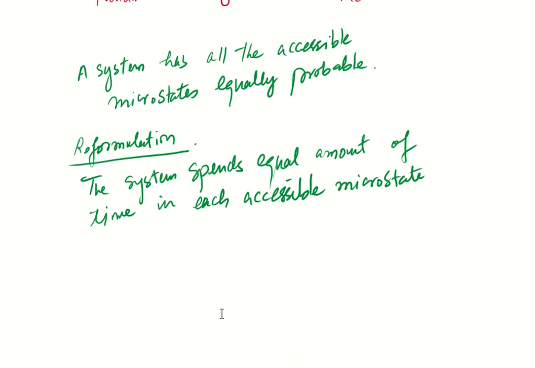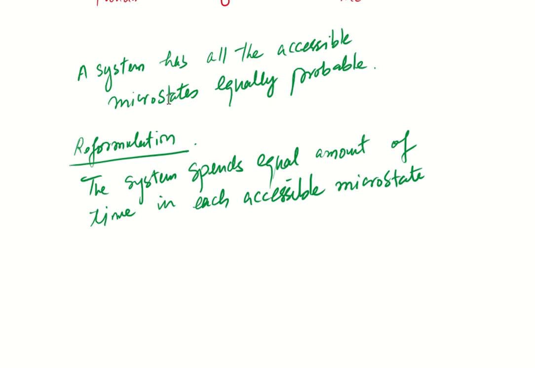So now the ergodic hypothesis is actually the equivalence of these two statements. The previous statement that we know about, and this new statement that I am telling you, I mean the reformulation of that same statement.